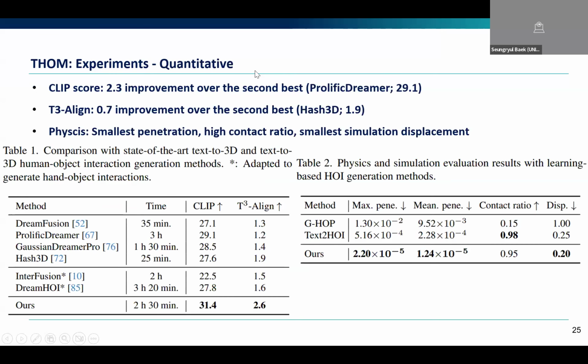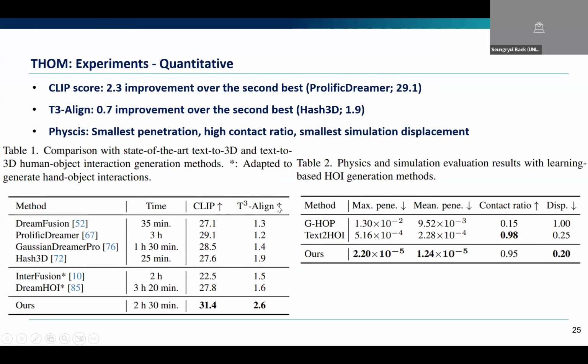As quantitative results, in terms of CLIP score, we have a 2.3 improvement over the second best, which is ProlificDreamer, at 29.1. And in terms of T3Bench alignment, we have a 0.7 improvement over the second best, which is Hash3D at 1.9.